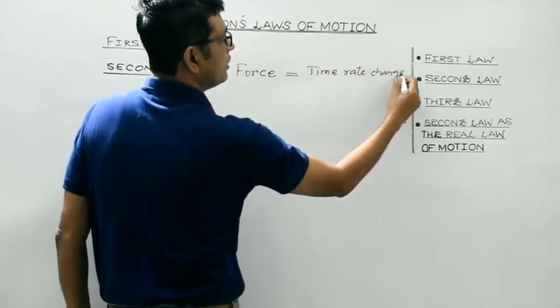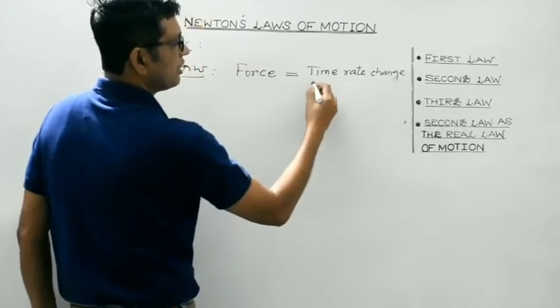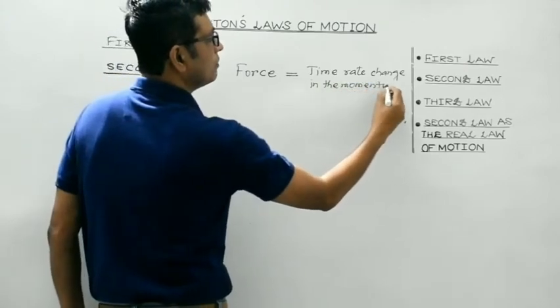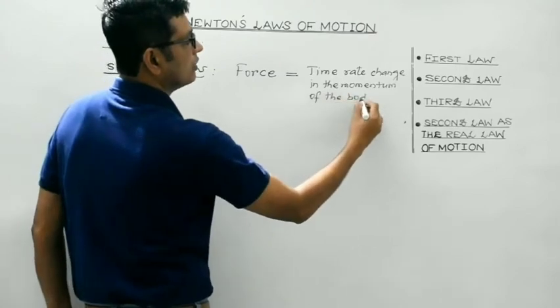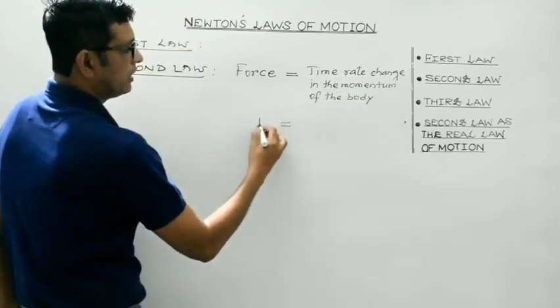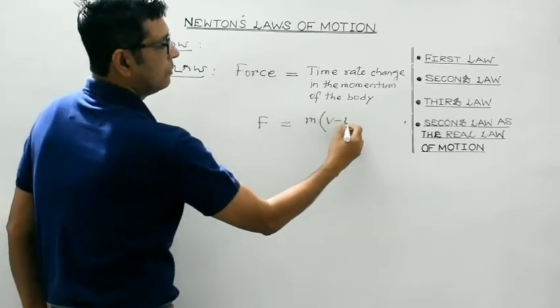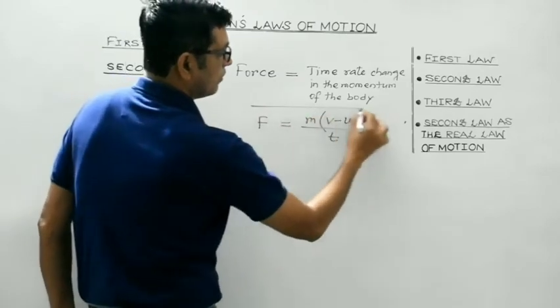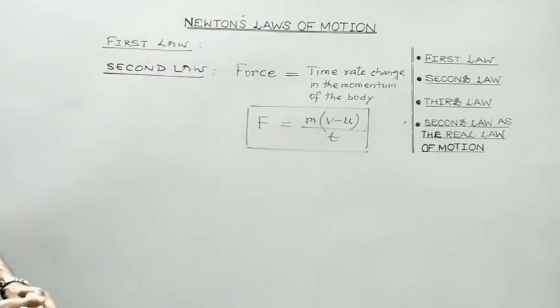And the time rate of change in the momentum of the body is m(v minus u) divided by time, that is, the change in momentum divided by time. So this is the expression.